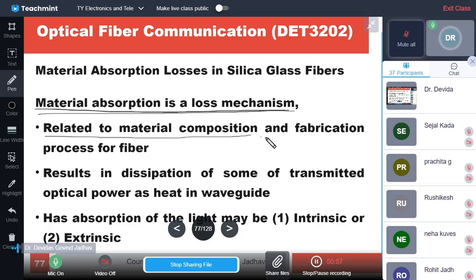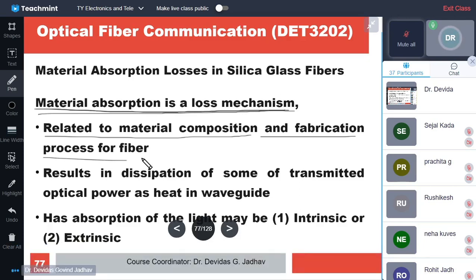And what is the fabrication process for the fiber? There are different fabrication processes for the fiber. The fibers may use the liquid phase, molten mass type of fiber manufacturing process, or the vapor phase fiber manufacturing process.